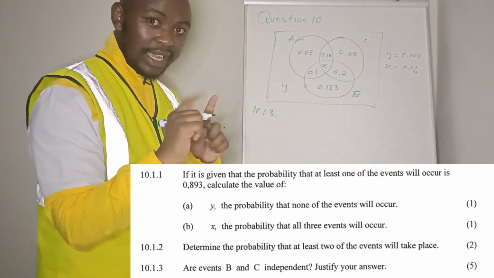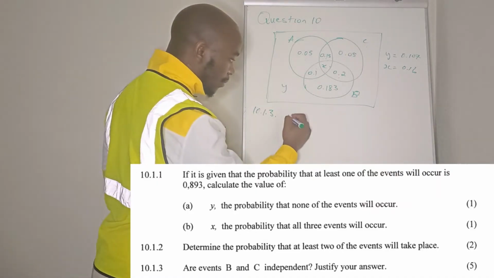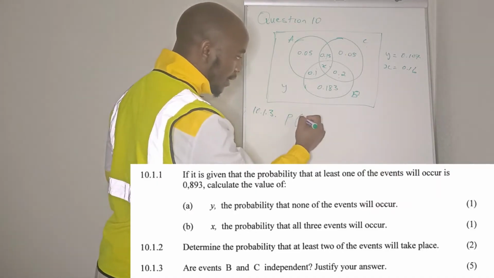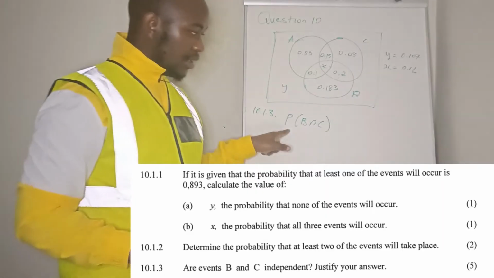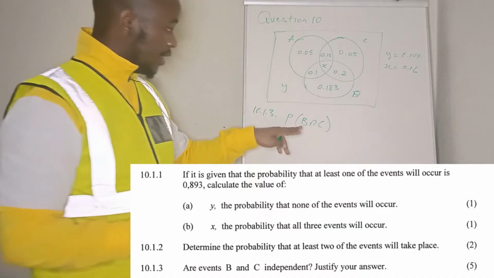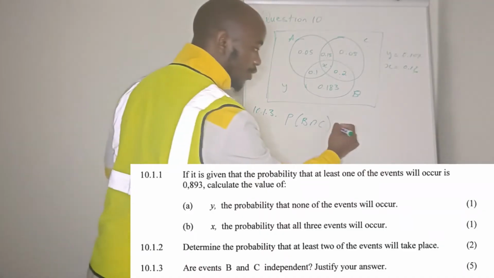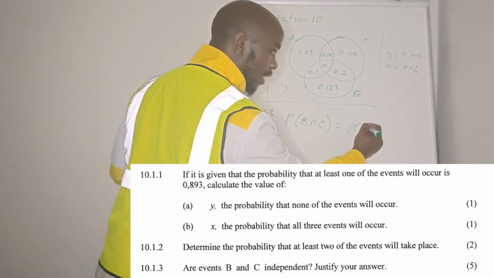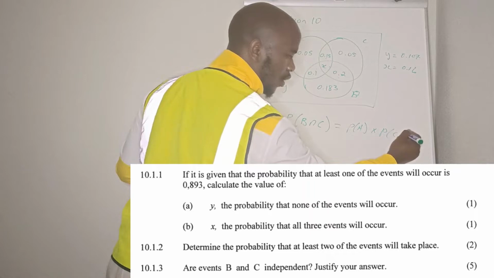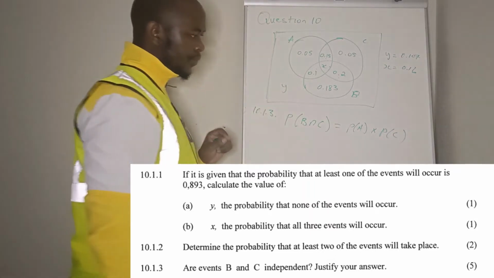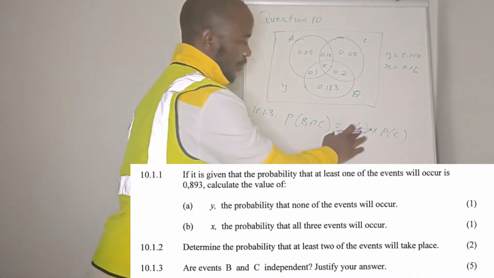The rule that constitutes independent events: if we look at the probability that both B and C will occur, this should be the same as the probability of B multiplied by the probability of C. Sorry.